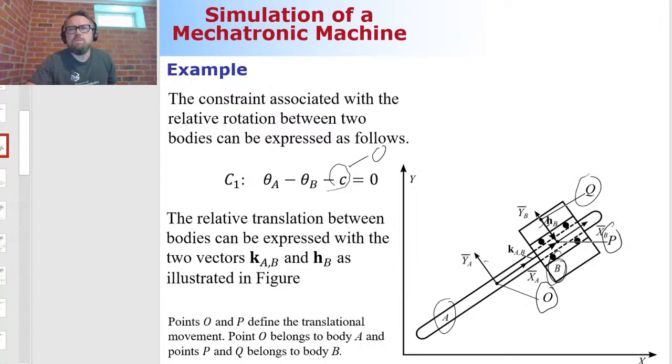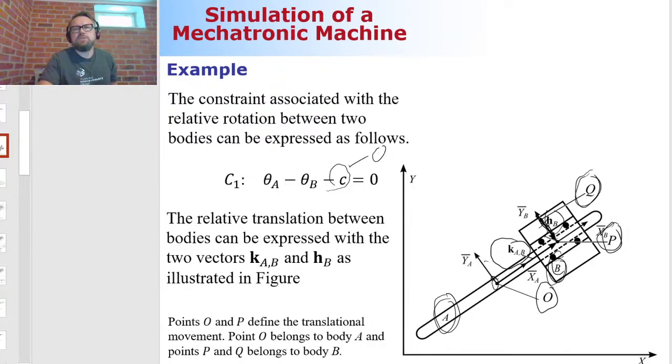So I'm going to use points O, P, and Q to explain it. Point O will be within body A, point P will be within body B, as will point Q. Those are the 3 points I'm about to use, and I'm going to create the vector from O to P, which is this one here, K_OAB, and then also this H vector that is perpendicular, so it's at 90 degrees with respect to that previous vector.